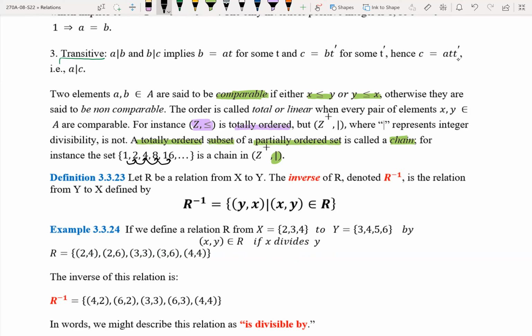That's what we call a chain, because they are related back to back, and by the transitive property they make a chain. So again, we proved divisibility is a partial order, plus that comparability, or what we call total order. Then any totally ordered subset of any partial order is called a chain. Okay? Make sense?